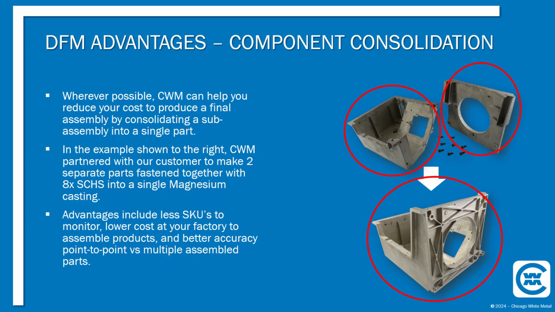So obviously, part count reduction, assembly reduction, less SKUs to keep track of in your inventory. This ended up being a tremendous cost save and a very successful product. This was magnesium, so a big magnesium part for sure, but it was a big success with our customer.